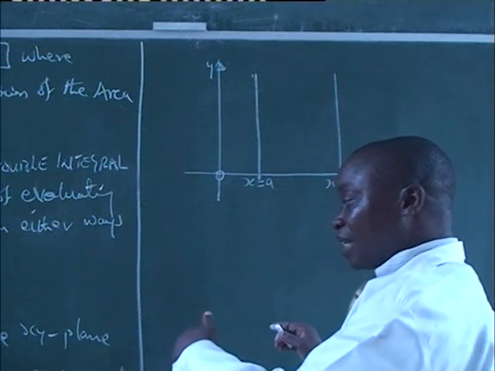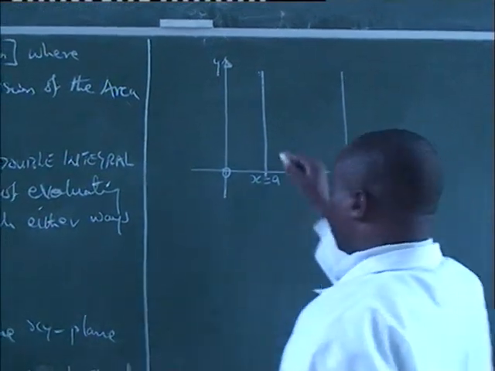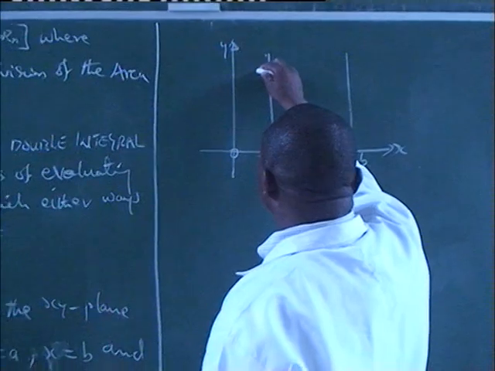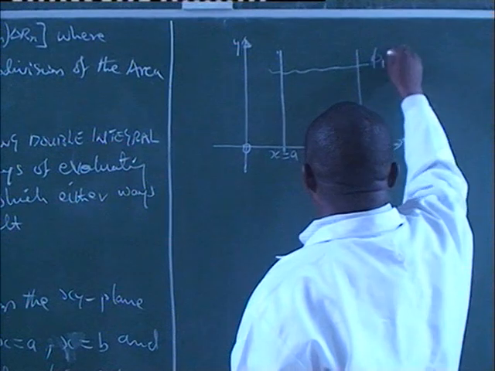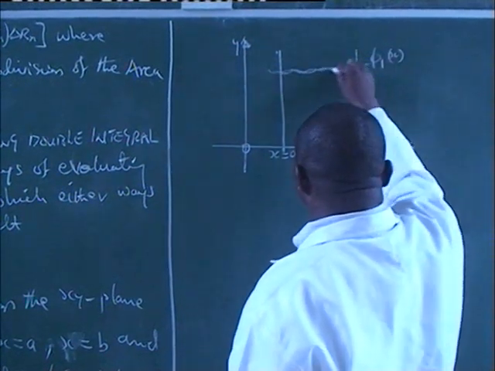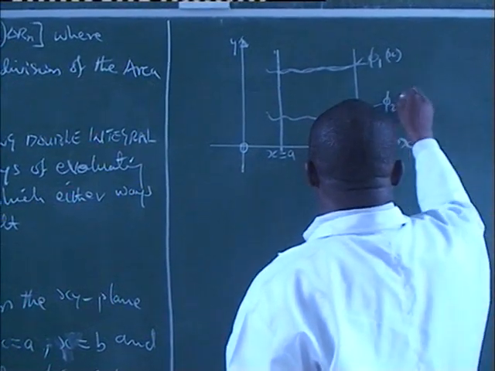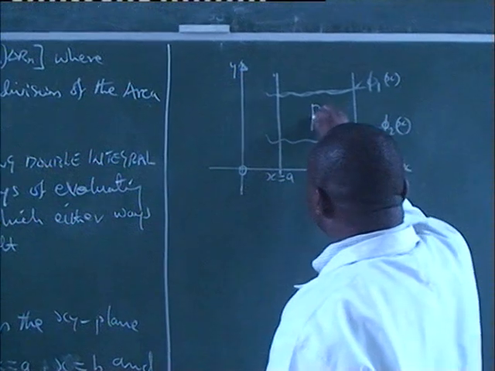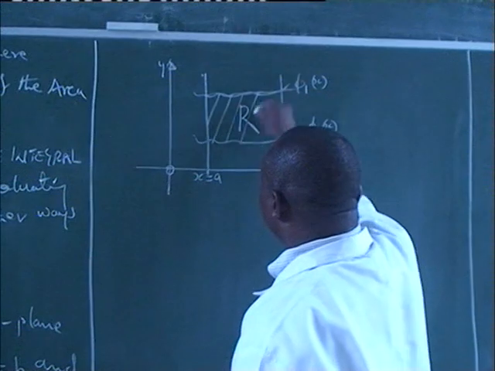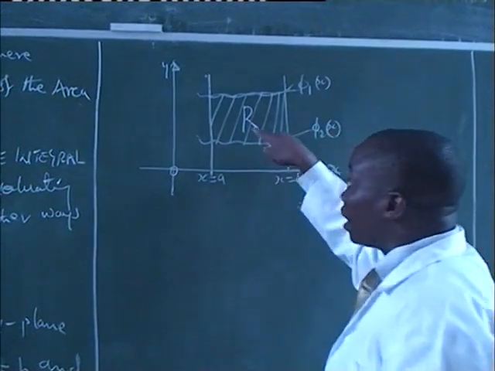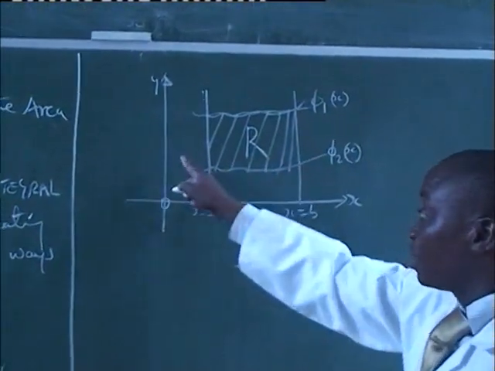It is also bounded by the curve y equals phi 1 of x, so I have a curve like this. And then I have another one, this is phi 2 of x. So this is the region R we are talking about, bounded by these lines and the curves.